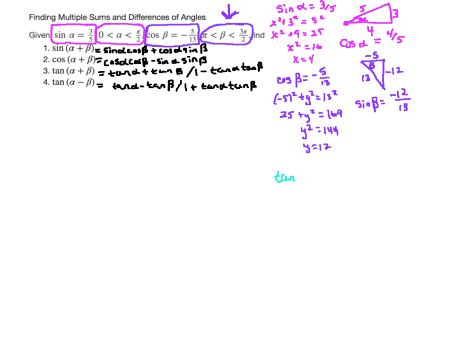So tangent of alpha equal to sine alpha, which is 3/5, divided by cosine alpha, which is 4/5. I never divide fractions. I multiply by the reciprocal. 3/5 times 5/4. My 5's divide out, and I get 3/4. So tangent alpha is 3/4.